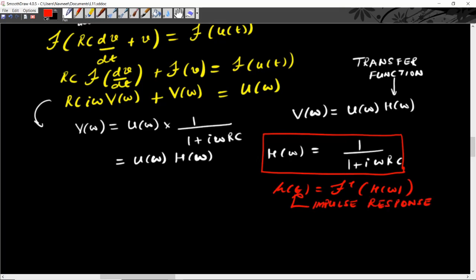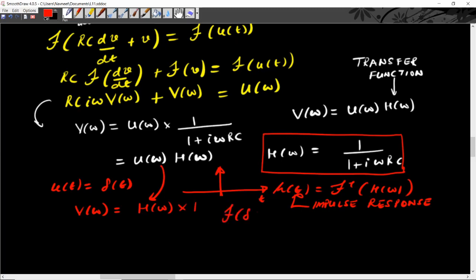And this is because if my input signal u of t is the Dirac delta function, that is an impulse at time t, then we would get from this equation that the response of the system is simply H of omega, because the Fourier transform of the delta function, which in this case would be U of omega, would be equal to 1, because we've already seen that the Fourier transform of the delta function is 1.